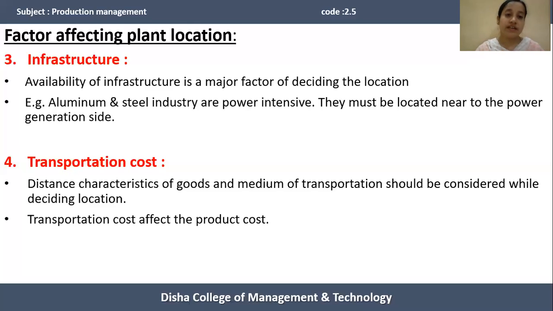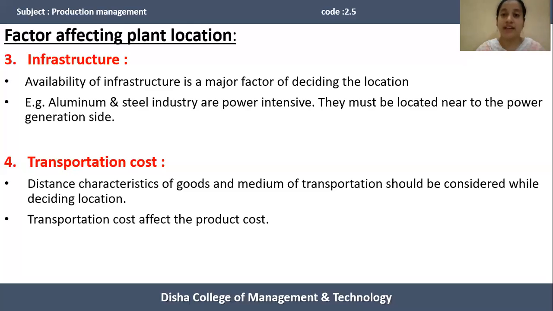The next factor the industrialist should consider is transportation cost. This is a very important element the industrialist should consider. If the transportation cost of the firm increases, that ultimately increases the production cost. The main objective of the firm is to produce goods at less cost. So for that reason, they have to minimize their transportation cost, and they have to locate their industry where transportation cost can be minimized, and where they can get raw materials, labor, and whatever other resources easily.